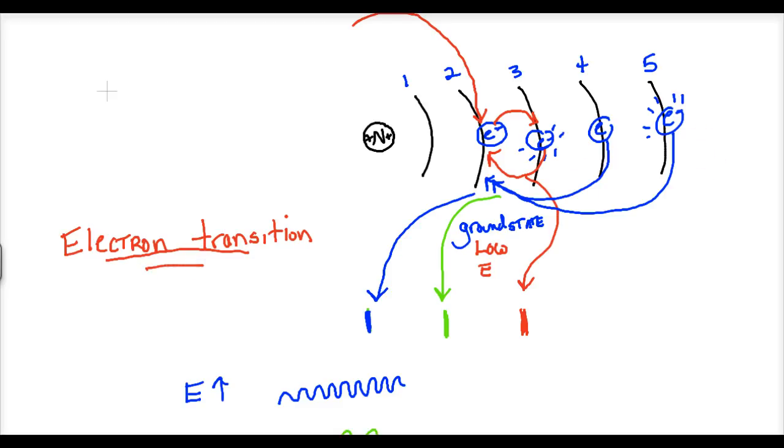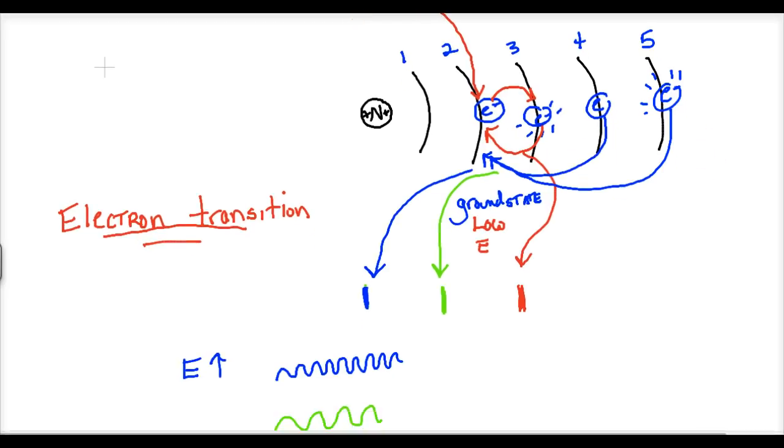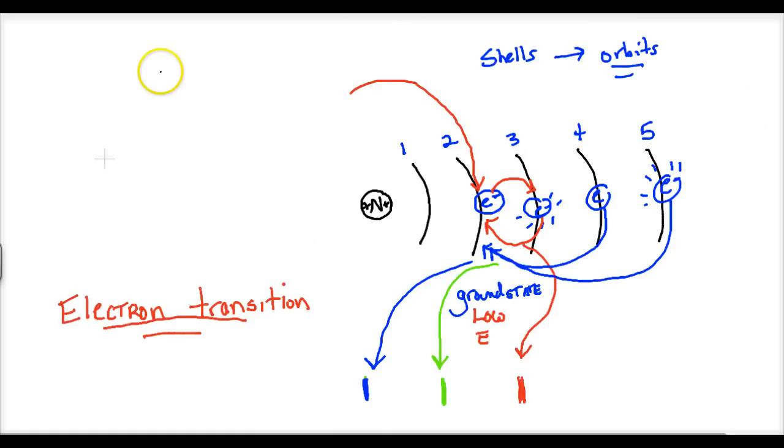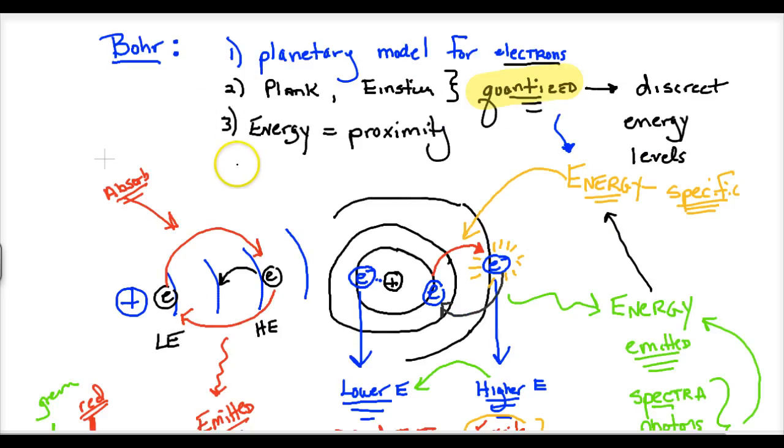Bohr was the first, and you can write this. He was the first, and this would be number 4, to basically depict and understand all the spectra of hydrogen.